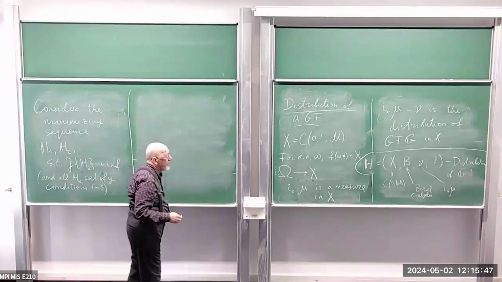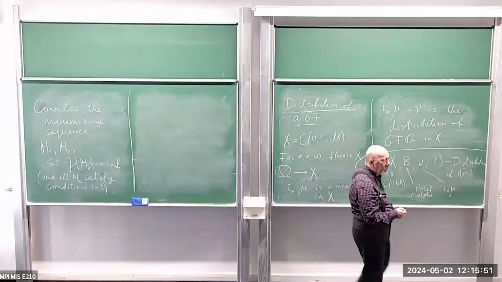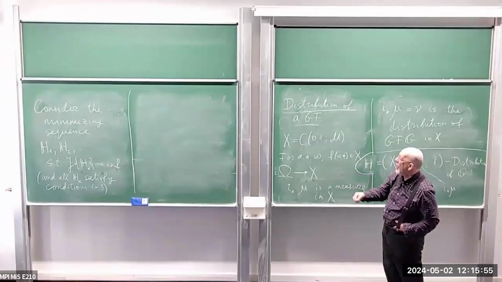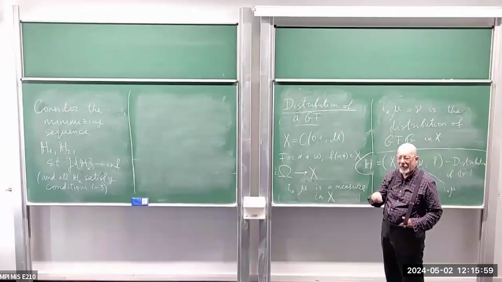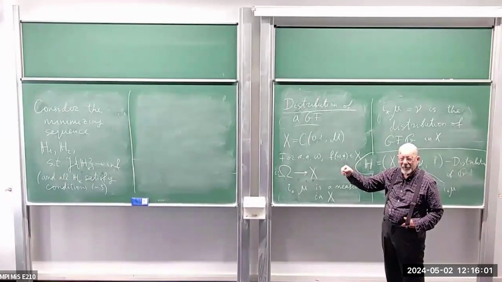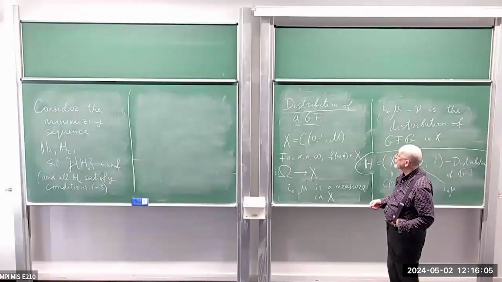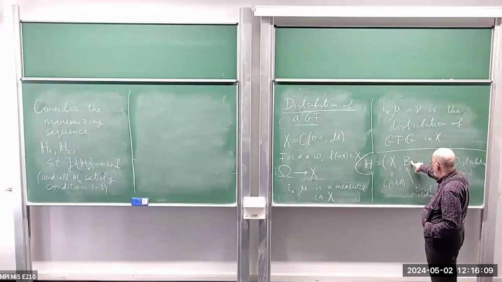So we now have a sequence of measures. All of them have the same particle space, the space of trajectories, with the same sigma algebra.